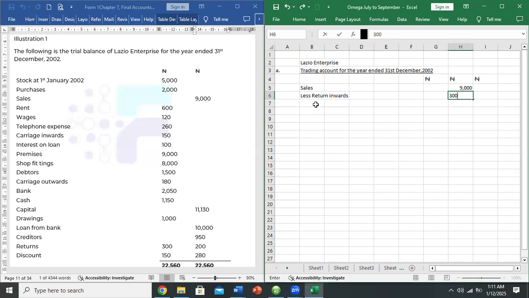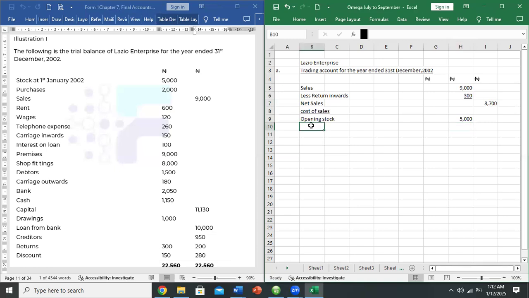And that'll give us our net sales of 8,700, which is pushed at the last column. Very simple for the net sales. Then you now go on to your cost of sales, which begins with the opening stock. So our opening stock is 5,000.